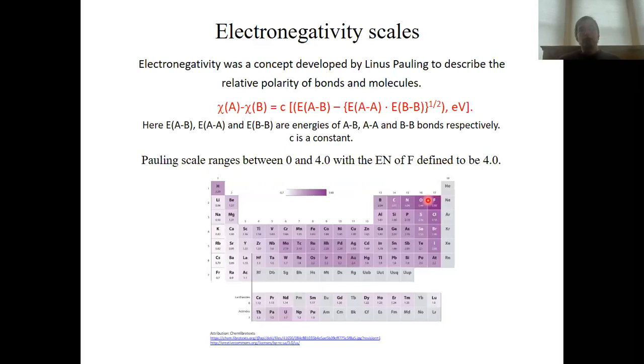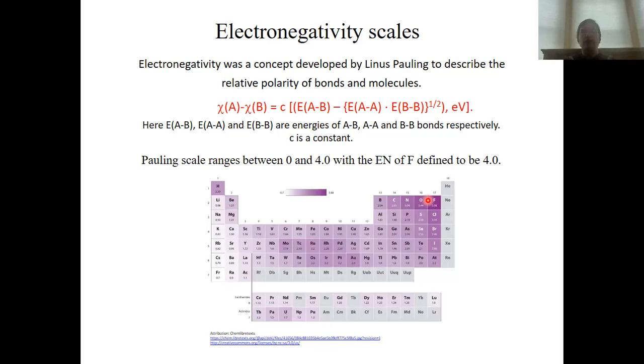So this concept was introduced by Linus Pauling first to describe the relative polarity of bonds and molecules, and its greatest utility is probably that it can make statements about the nature of the chemical bond.